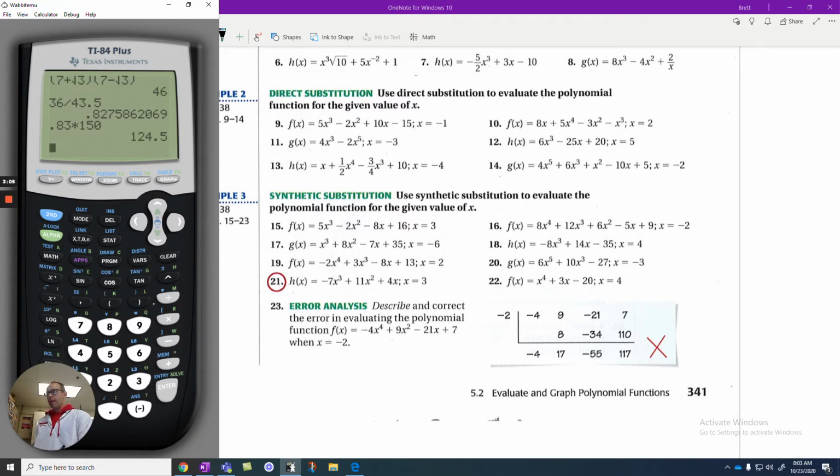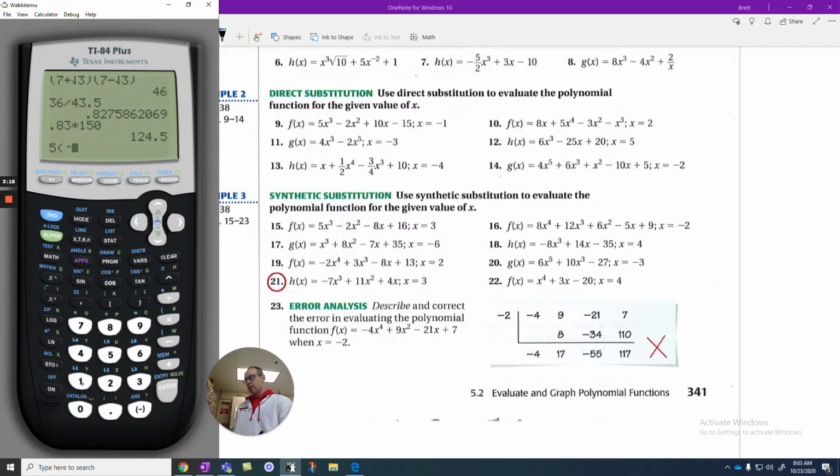I'm going to just use my calculator, and I'm going to type it in all at once. It's 5 parentheses. My x is supposed to be a negative 1. Okay, but that's got to be raised, this key right here, to the third.